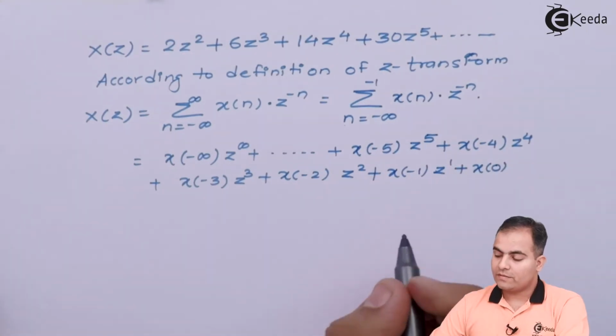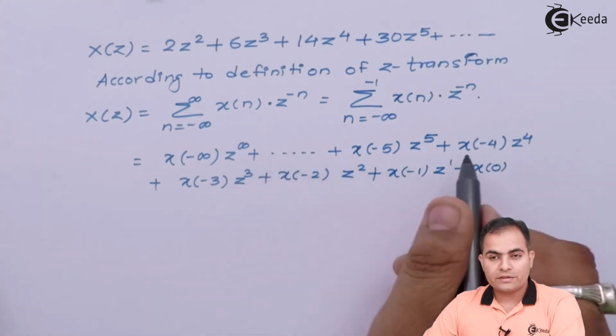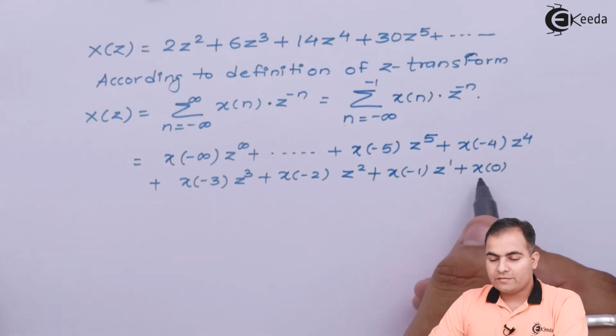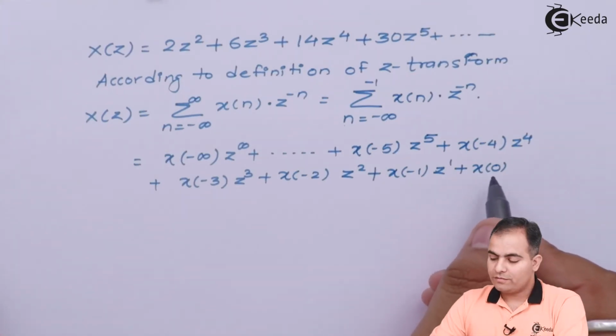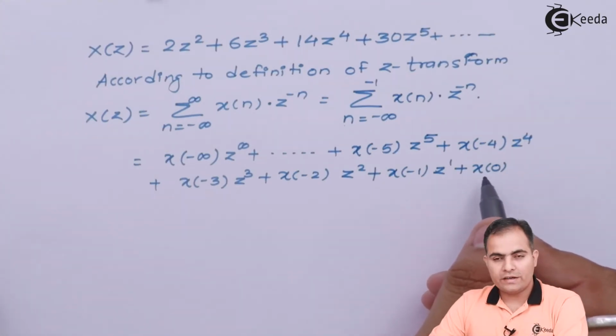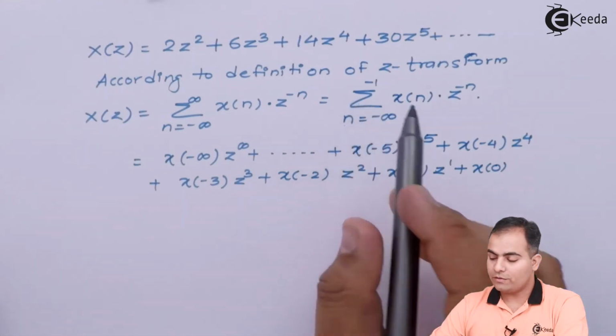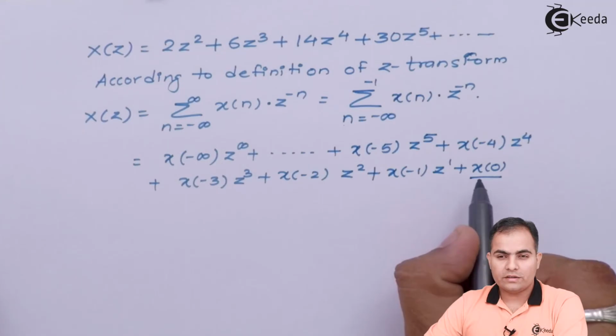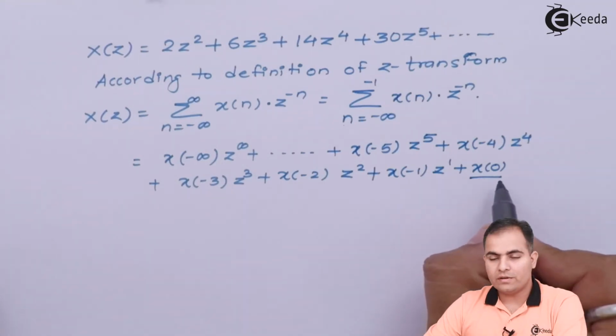Now listen, I have substituted the values from minus infinity to minus 1, but I have just simply added x of 0. If you want, then you can write it, but basically according to the summation, this value should not be here. Why I have written this value over here, I'll tell you later on.